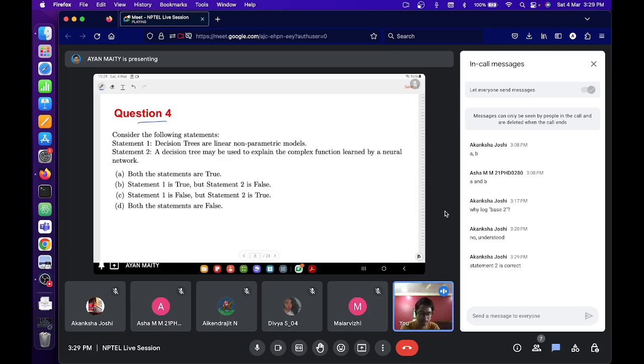Akanksha has written statement 2 is correct, and what about statement 1? Is 1 correct or not?